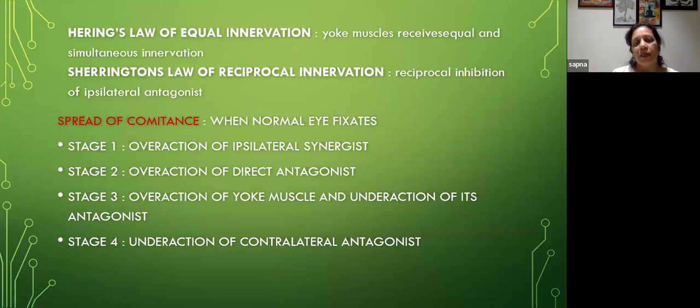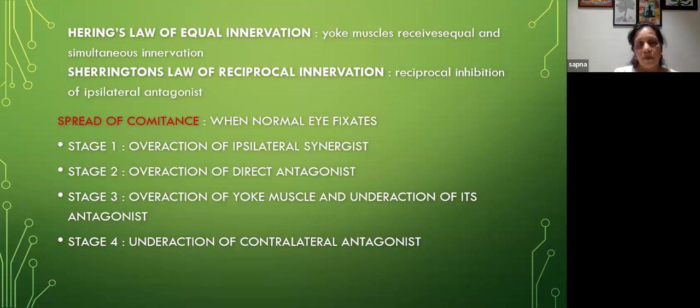If the lateral rectus is paralyzed, there will be overaction of the ipsilateral synergist, meaning the ipsilateral medial rectus. Then overaction of the direct antagonist, overaction of the yoke muscles, and underaction of the contralateral antagonist. This is the spread of comitants.